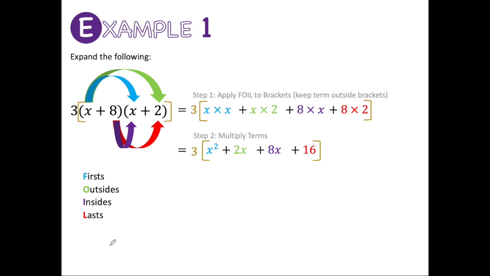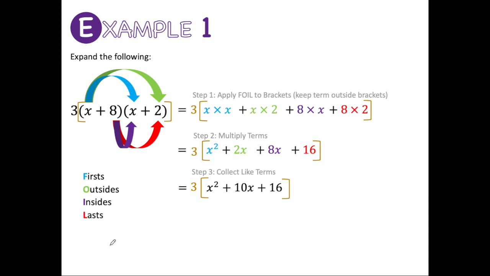Now I'm going to finish my normal FOIL distribution by collecting my like terms. So I've got a 2x and an 8x. So that is going to give me a total of 10x. So my simplified expanded expression for my two sets of brackets is going to be x squared plus 10x plus 16. I'm going to have that in a set of brackets with 3 on the outside.